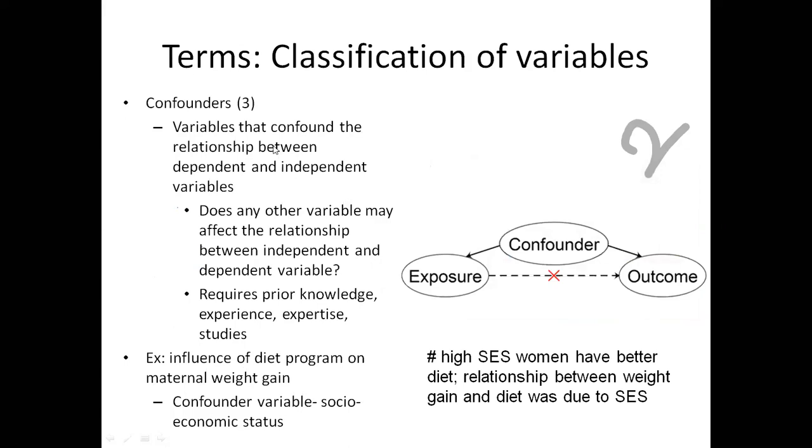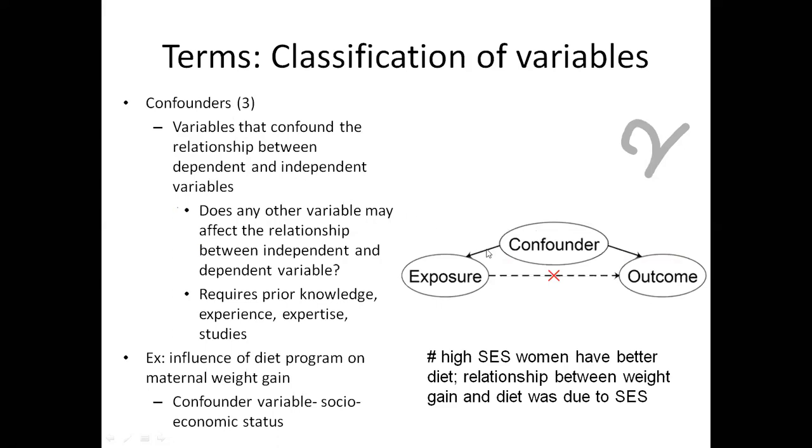These are variables that are known to affect the relationship between the dependent and the independent variable, right? Suppose you're interested in the relationship between the exposure variable and the outcome, you might have a third variable which could actually confound this relationship between exposure and outcome. So those variables are called confounders.